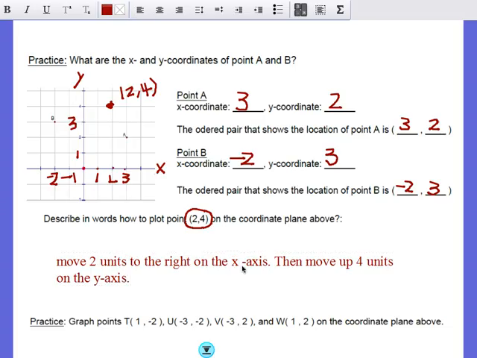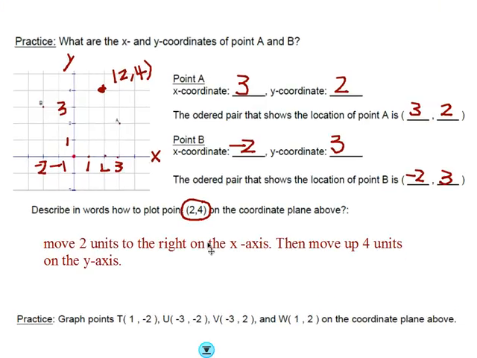That should be the answer that you have. It doesn't have to be the exact same answer as long as you describe that you move 2 units to the right. For the x value, you have to explain left or right, and then up or down for the y value.